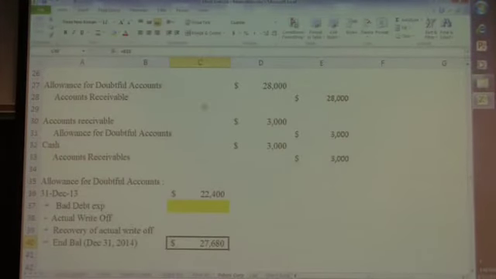And I recognized the fact that during 2014, I've actually written off $28,000 of allowance, and then I recovered $3,000 back into the allowance.